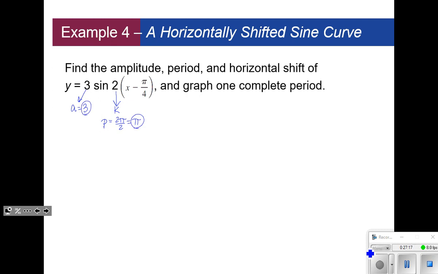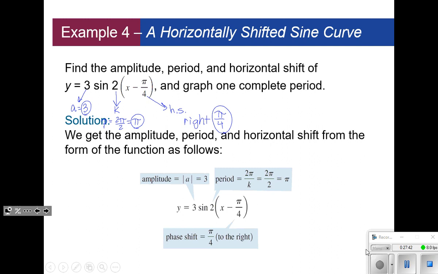This right here is my horizontal shift, and that is going to be right pi over 4. That's what all of that is telling me. So again, instead of starting at 0, 0, I'm going to shift to the right a little bit and start at pi over 4. You'll see they'll have a pretty picture for you.